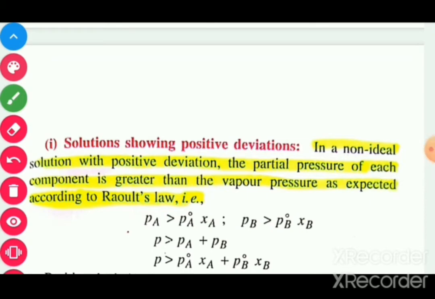solution showing positive deviation. In a non-ideal solution with positive deviation, the partial pressure of each component is greater than the vapor pressure expected according to Raoult's law. So in short, we can say that in the case of positive deviation, the vapor pressure of each component is greater as compared to the components in the case of ideal solution.